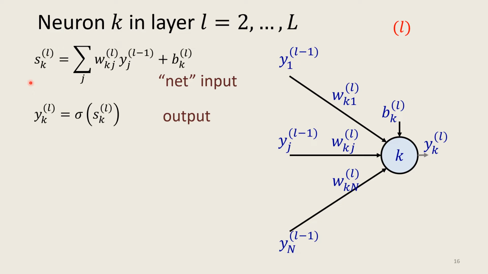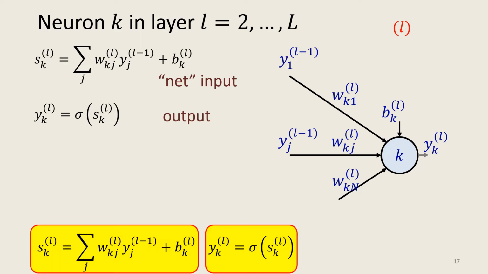And that's the net input S sub k. The output of this neuron is Yk, which is equal to sigma of Sk. And this function, sigma, is called the sigmoid function. As these two expressions are important, let's remember them. So I have highlighted them here.